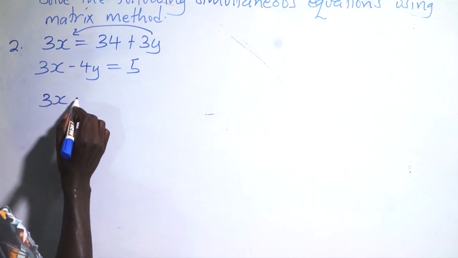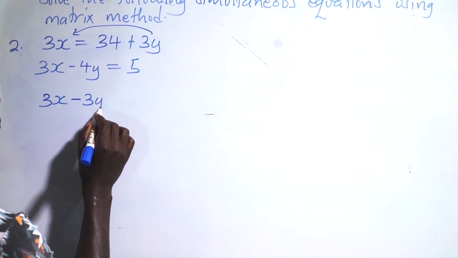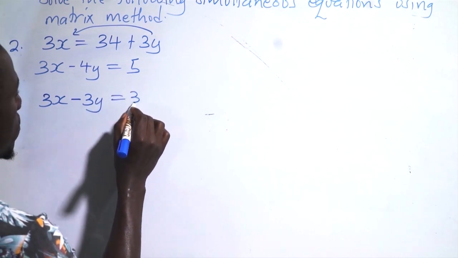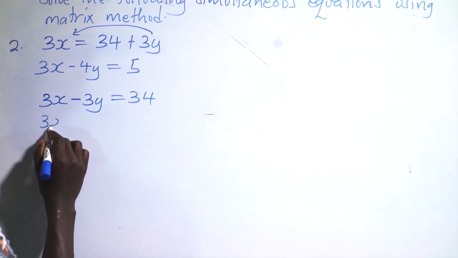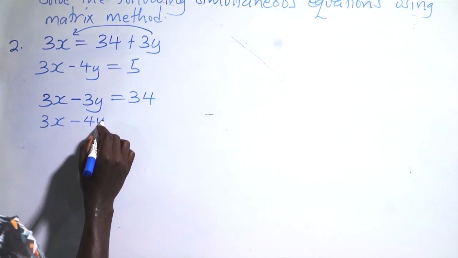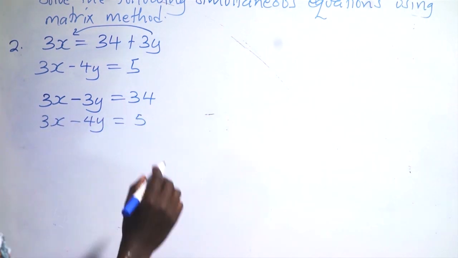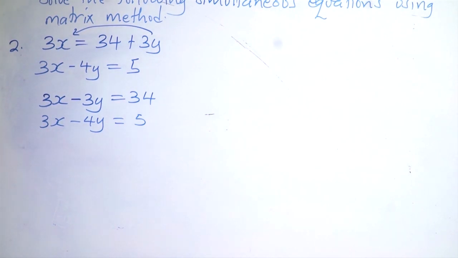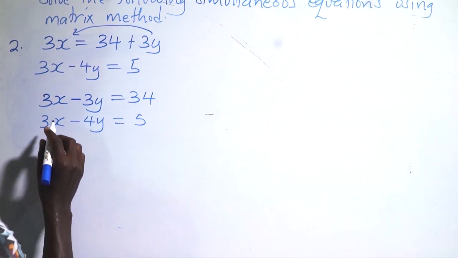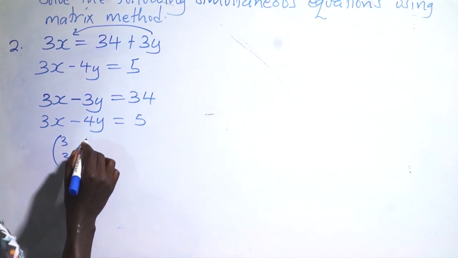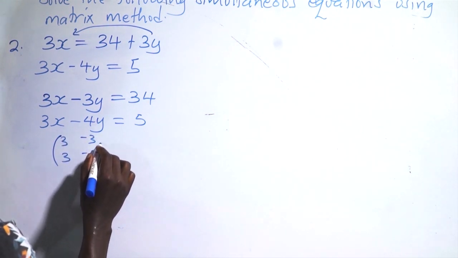That is 3x, then minus the 3y, that it is equivalent to 34. Then the 3x minus the 4y is equivalent to a 5. So I have that. They are in the order, the unknowns. Then I form a matrix 3, 3, negative 3, negative 4.